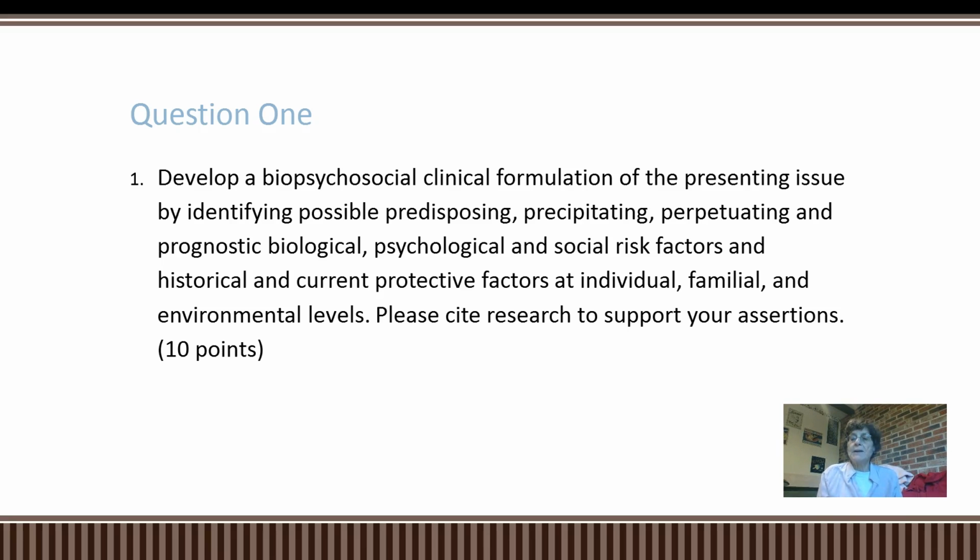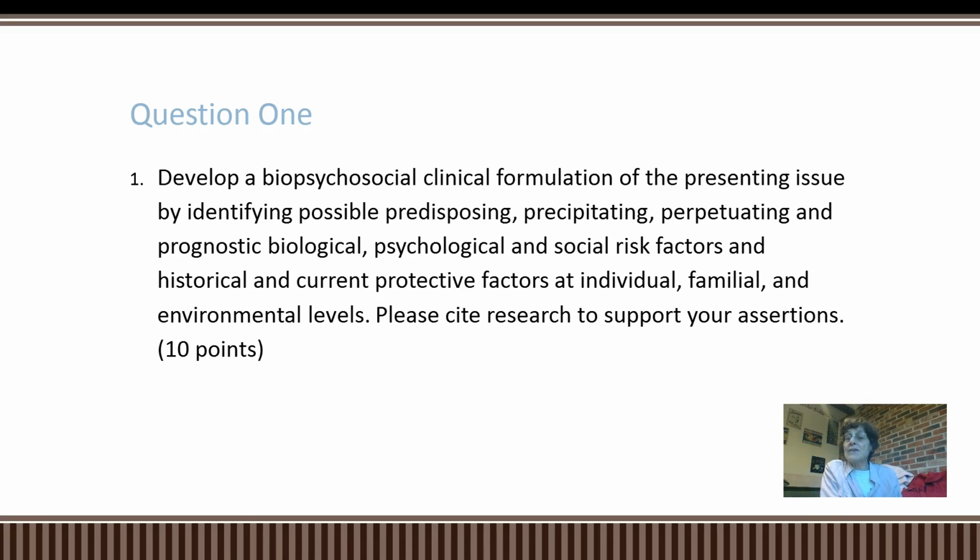Precipitating tends to be that whatever the symptoms are, they weren't present before, but they are after whatever the precipitating factor is. It can get confusing, so try to keep it straight, and I will too.